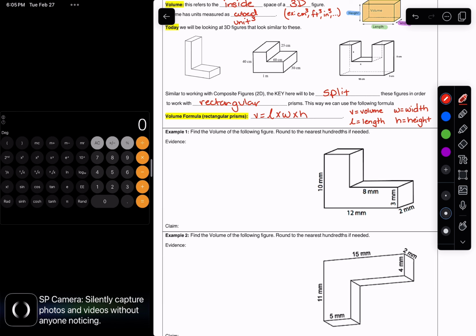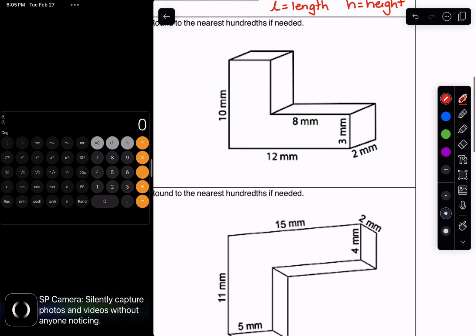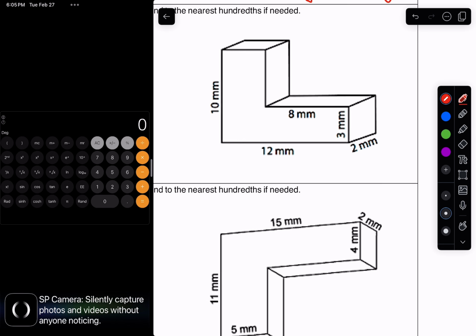So example number 1 says, find the volume of the following figure. Round to the nearest hundredths if needed. So here what we want to do first is split this up into different rectangular figures. You can do this one of 2 ways. We can either go straight down from this corner, or from that same corner go straight across.